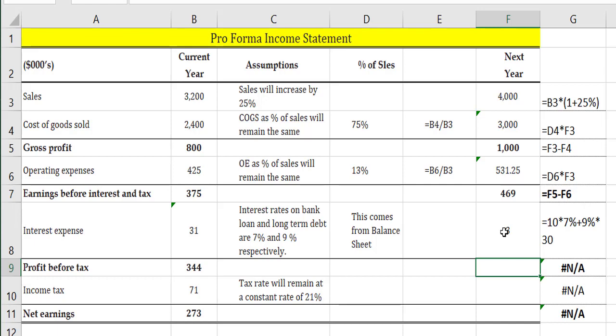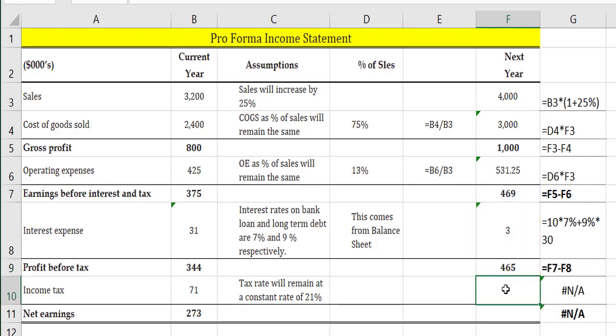But remember, the actual interest expense comes from the interest on the short-term and the long-term debt on the balance sheet. But for this example, I'm assuming 10,000 is the short-term debt and 30,000 is the long-term debt. I'm going to come back and correct this later when I talk about how to forecast the balance sheet. So once you know interest expense, now we can compute profit before tax, which is your earnings before interest and tax minus your interest.